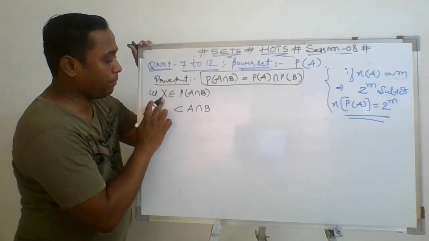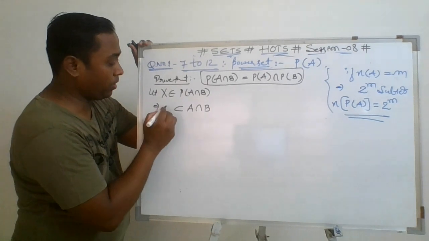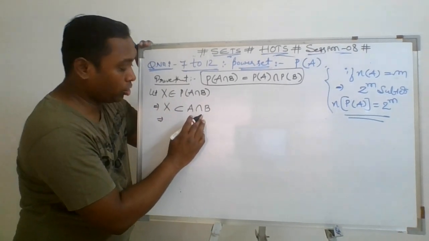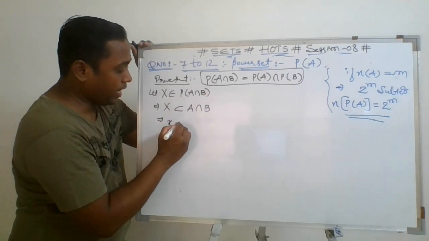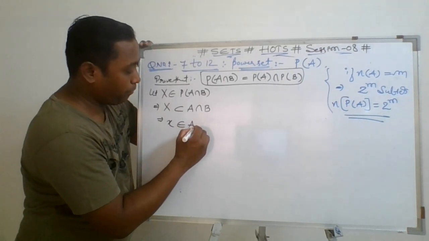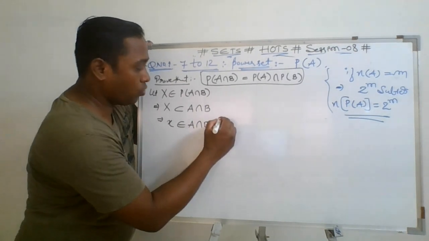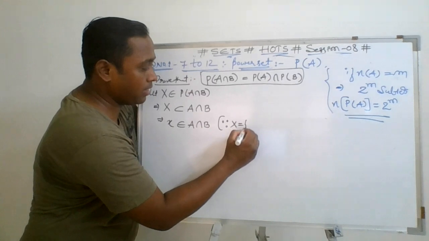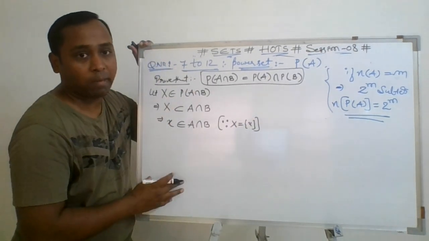Always belongs to that. Capital X belongs to P of A, sorry, power set of A intersection B. Then that capital X set is a subset of A intersection B. So ultimately, what I can say here, X belongs to A intersection B. So why I am writing capital X and small x? Capital X is a set having an element x.